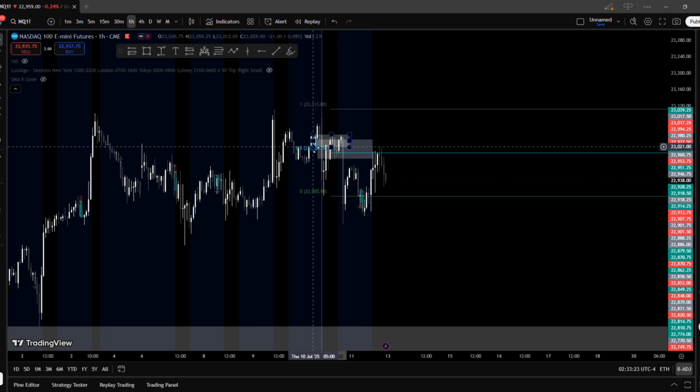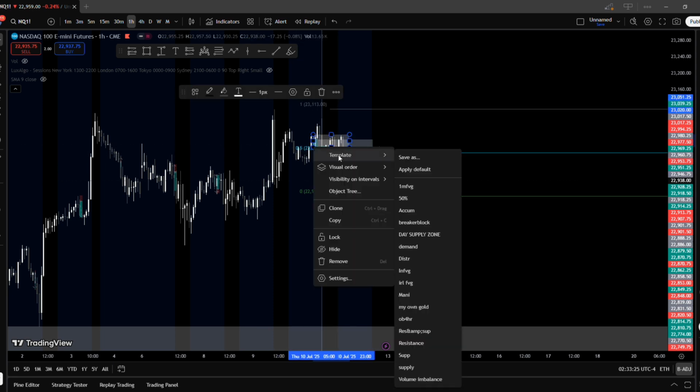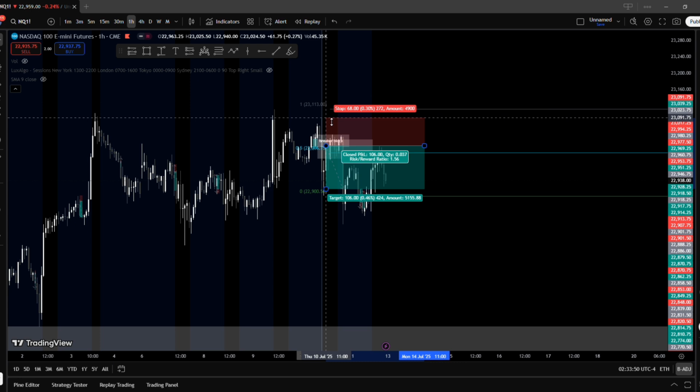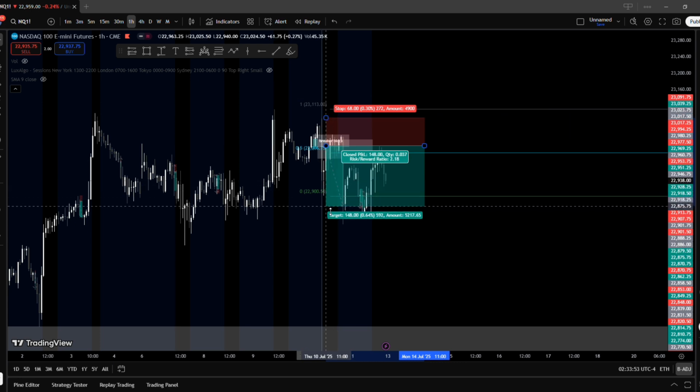If the candle closes below the order block like that, the order block will turn into a breaker block. If you are entering from this breaker block, you can enter from here and look for a 1:2 entry also, or you can target this low of liquidity.